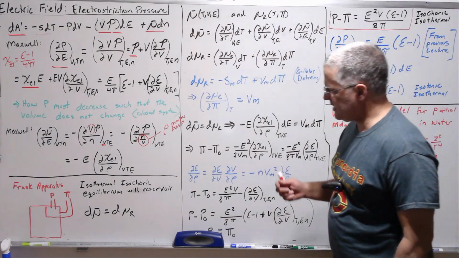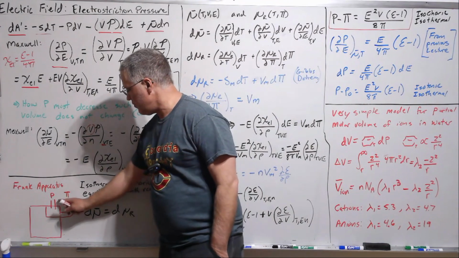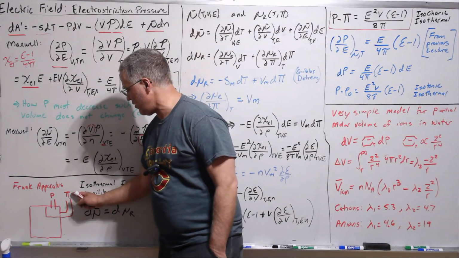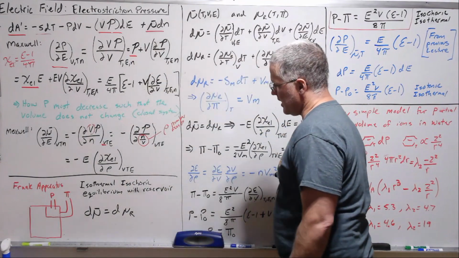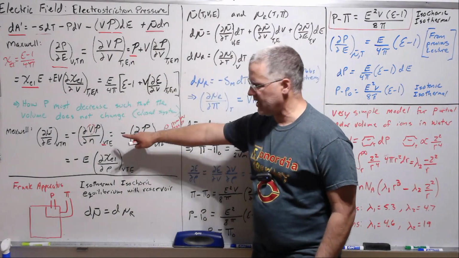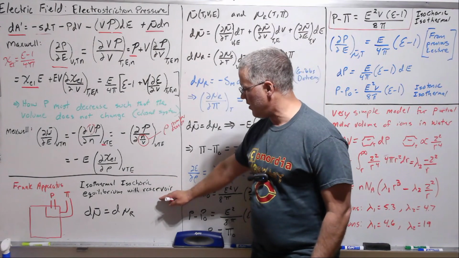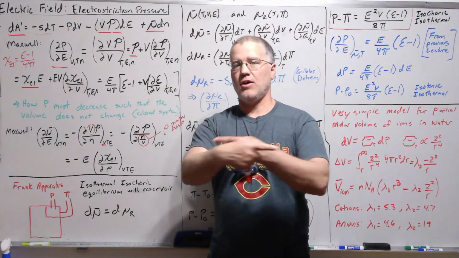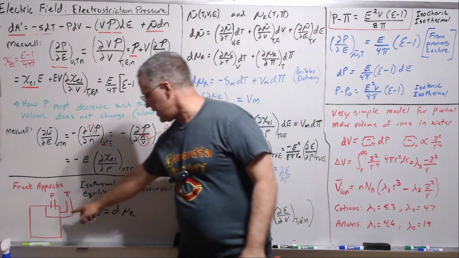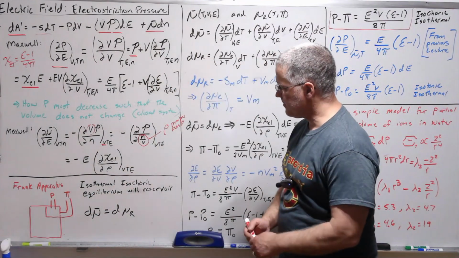Now, let's connect what we've done here with this pressure P out here. So let's open up this reservoir, and let's go under isothermal isochoric conditions, which we've done here, but in equilibrium now with the reservoir. So we're going to allow the particles to exchange between inside the electric field and outside the electric field.